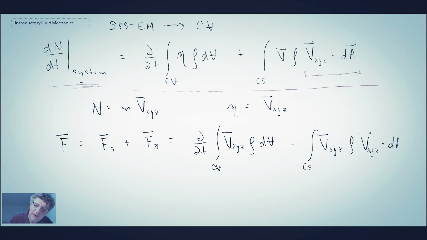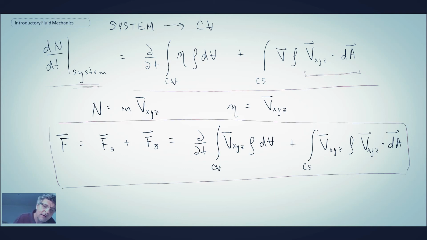So when you look at this, if you compare it back to what we had from before, it looks almost identical. The only thing that's changed is that we're writing velocity with respect to this moving control volume reference frame. And so that is the biggest change that we have in going, that's a case of constant linear velocity.